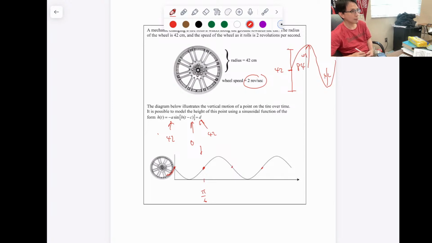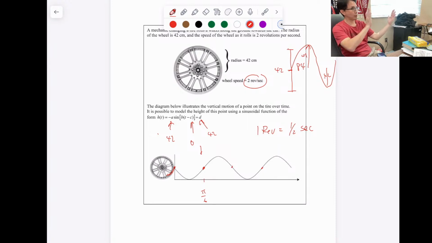So that means what? We have to figure out what 1 revolution is, right? One revolution is equal to a half second, right? So in half second, your graph is going to go a complete rotation.